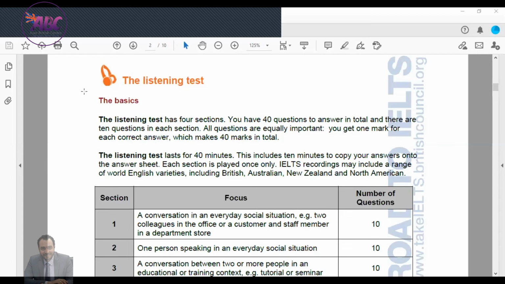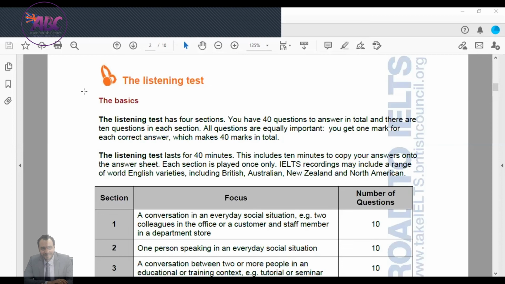And also during the listening audio, you may miss a point or two. So during the 10 minutes to transfer your answers to the answer sheet, you can also rethink the point that you missed during the audio.